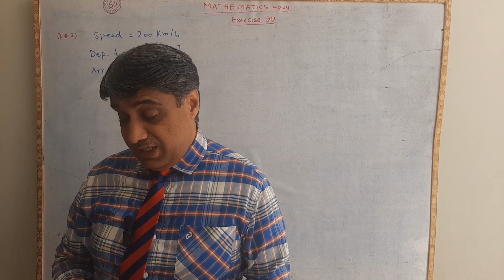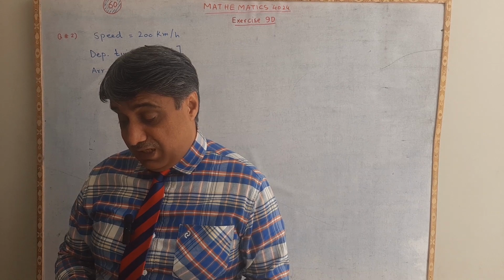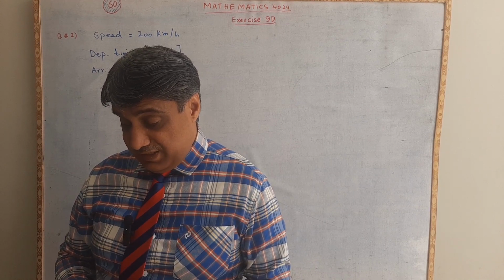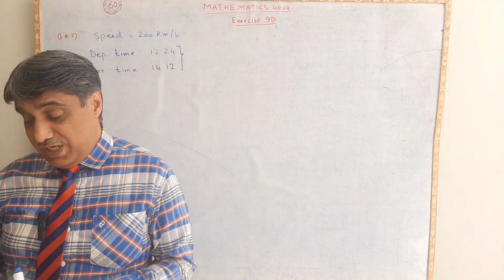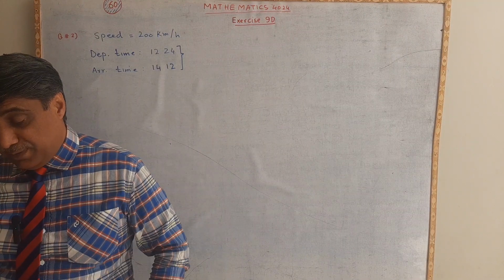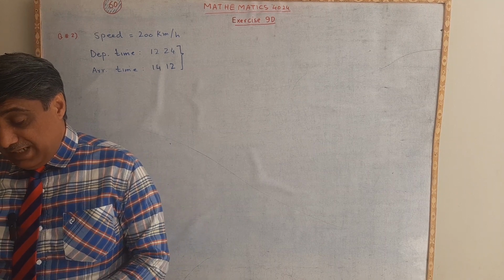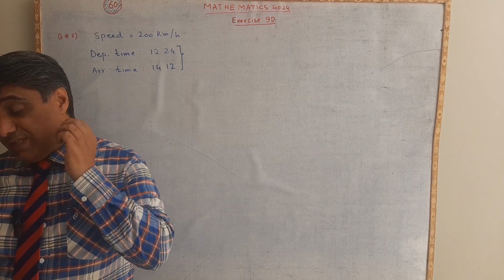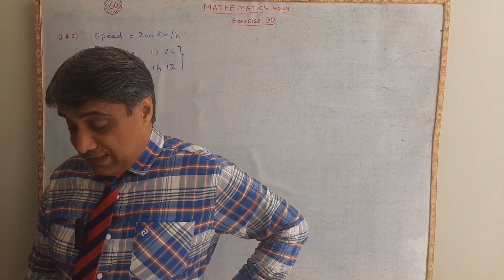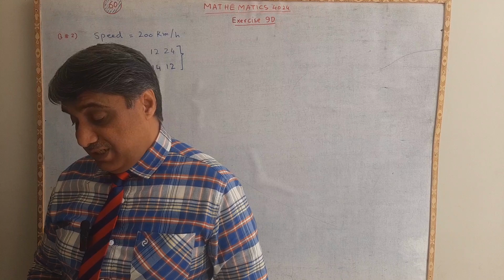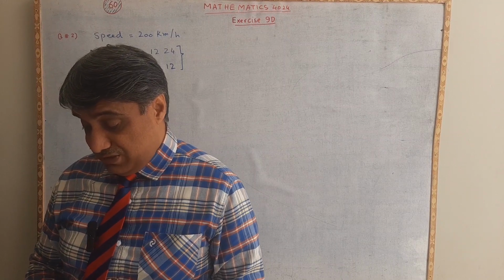If you give it in kilometer per hour, then you are committing a mistake and you will not get any credit for it. So let us first find it in kilometers and then we will convert it to meters.